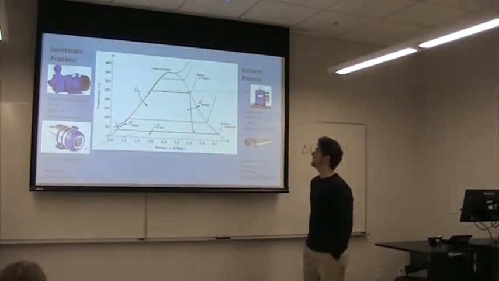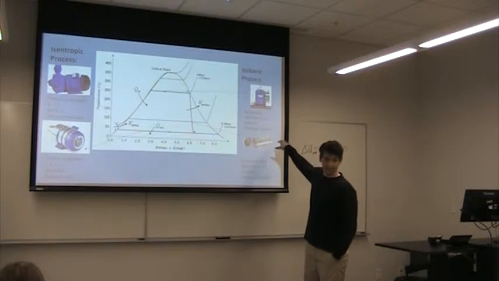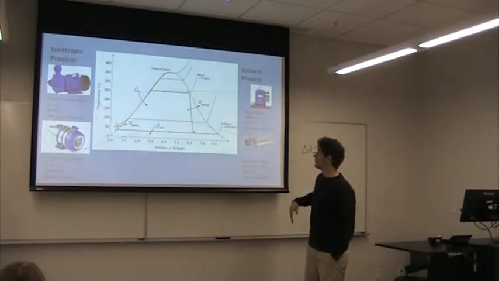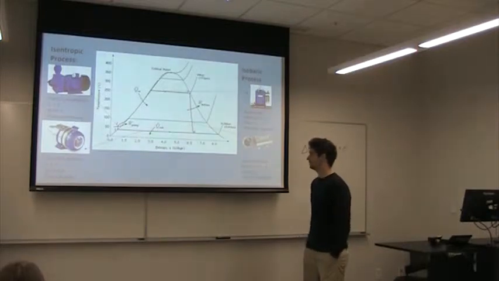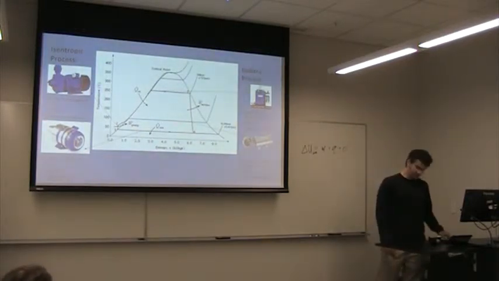And from there, your turbine is going to come in and isentropically get work out and put the pressure or the temperature down, and it's going to come back into the pump. So all that helps you understand that.